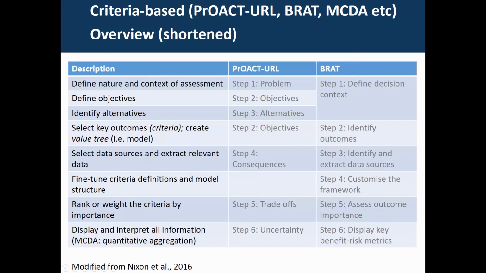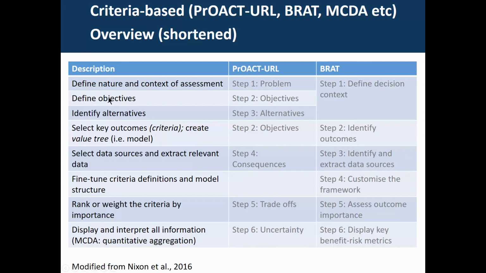But the purpose of putting this table here is to try to help you get a feeling for the different steps that make up this approach. And this follows a more or less linear structure. So it starts out by defining the nature and the context of the assessment, and that can be, for example, questions like what medicine are we looking at, what indication, what population, what dose, what are the comparators, for whom is the assessment made, and so on.